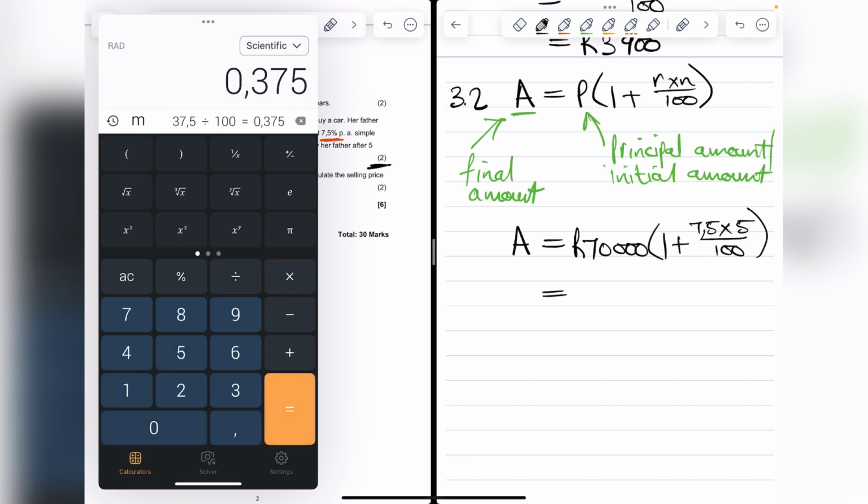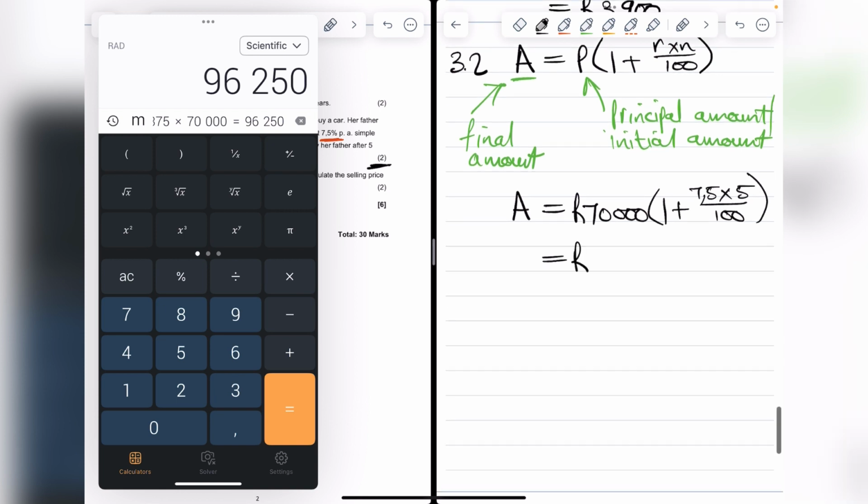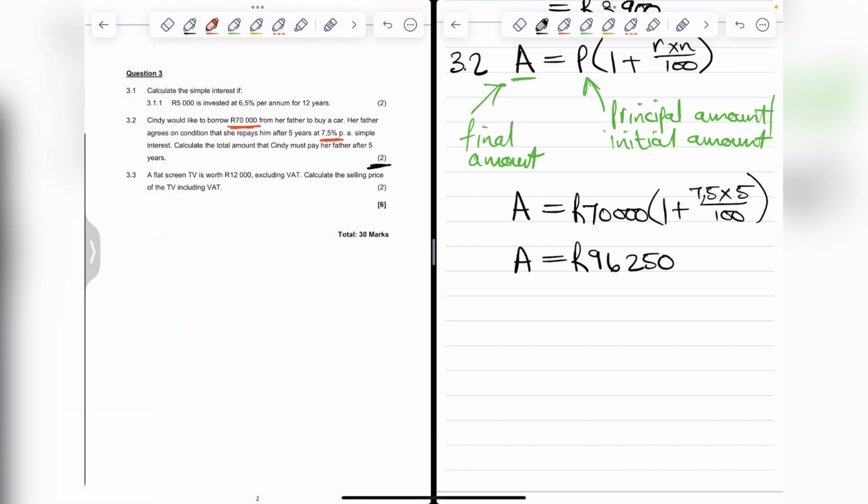Then I'll add the 1, and then I will multiply all of that with 70,000. And my final answer is 96,250. And that is the amount of money that she needs to repay her father after 5 years.